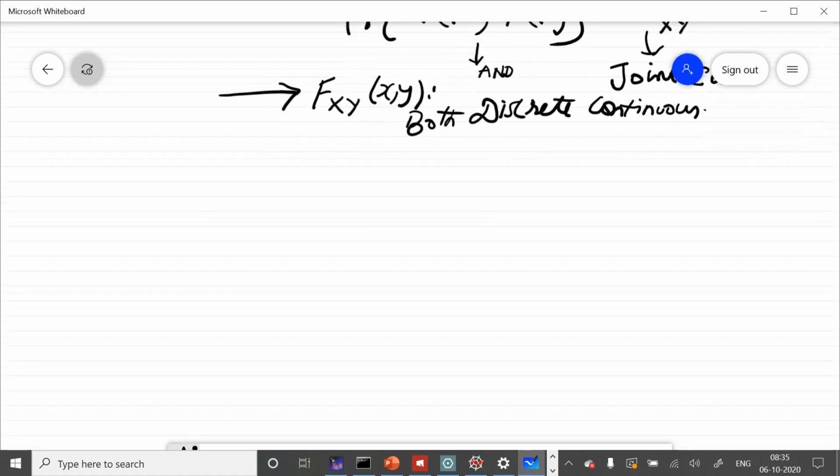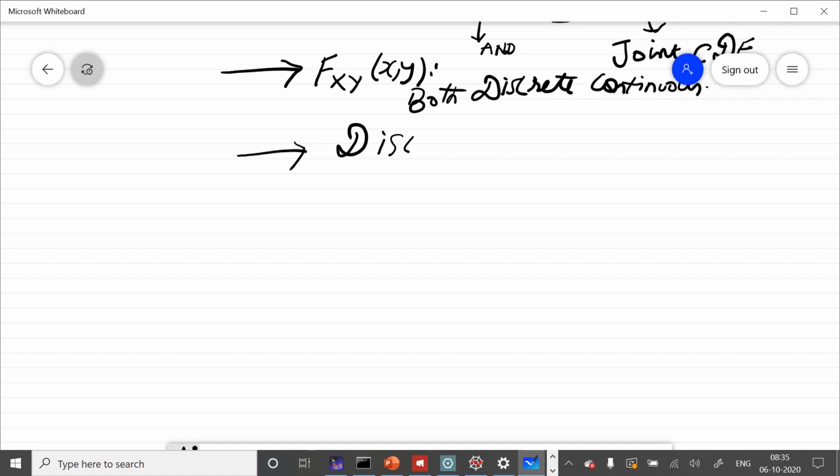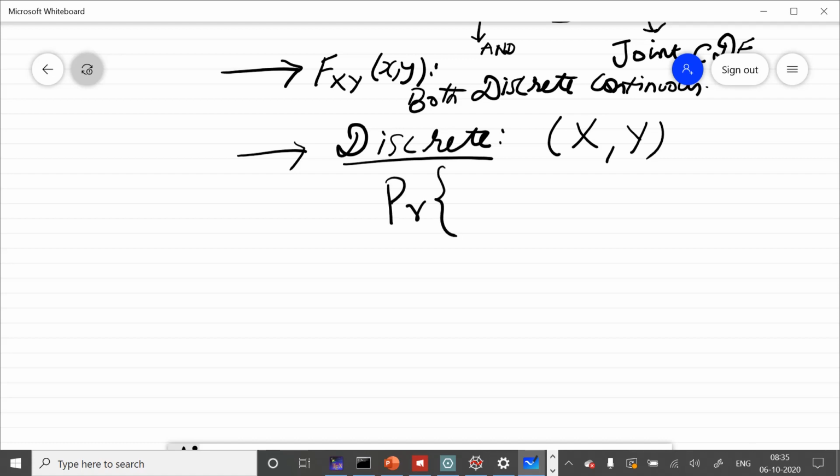Now for discrete in particular, suppose you have a discrete pair of random variables X and Y, which in general may depend on each other. So you can ask this question. In the single random variable case, for discrete, you would ask: what is the probability that random variable X takes some particular value small x?